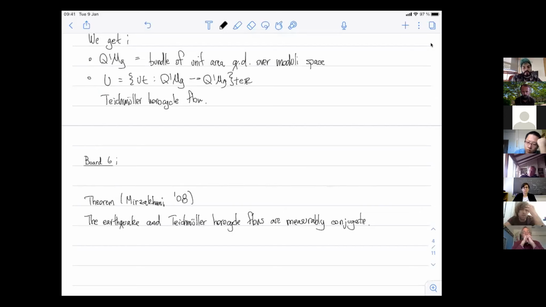Like one fiber gets spread out over multiple fibers. Yeah, exactly. Okay, thanks. Any other questions?